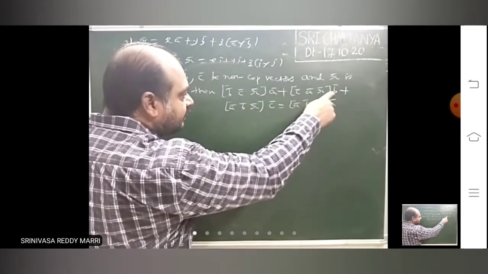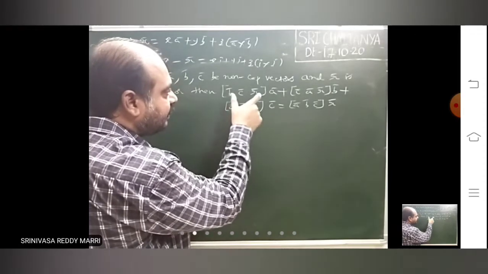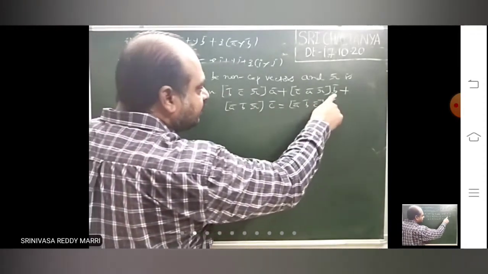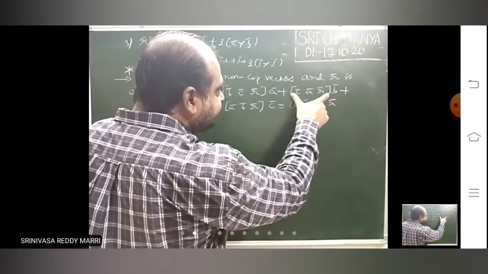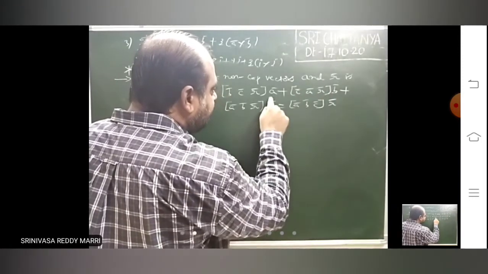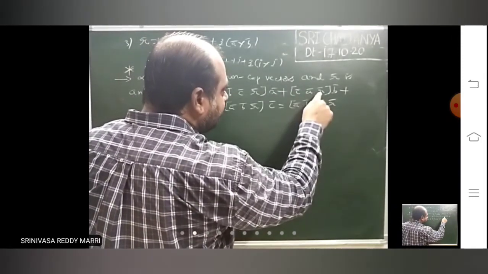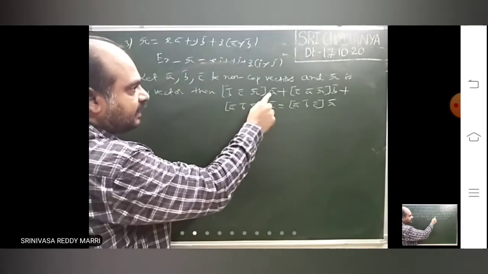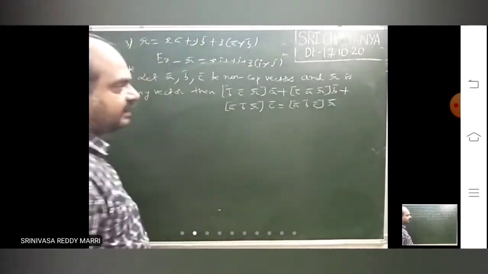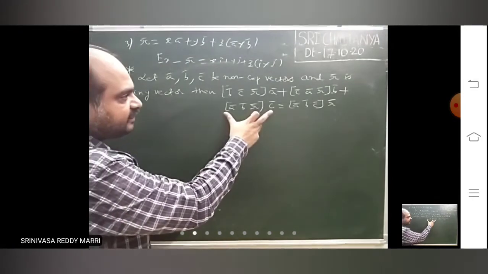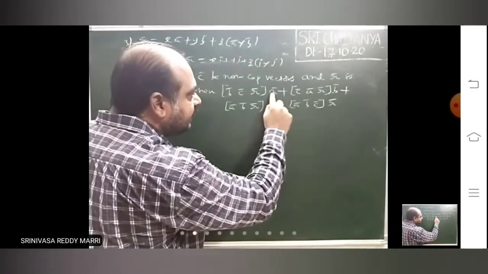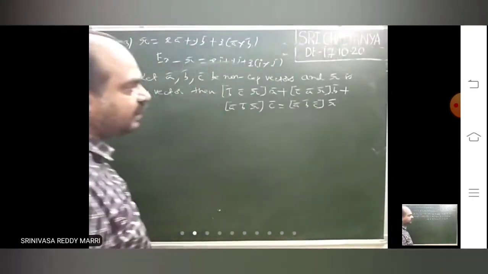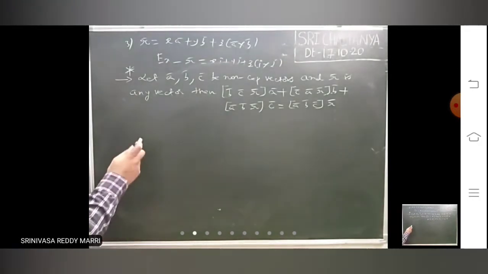R bar is the common vector. Before B bar, the coefficient is what? C bar, A bar and R bar common. Before C bar, what is that? A bar, B bar and R bar. This relation, whenever you get box A, B, C into R bar. Look at the relation.